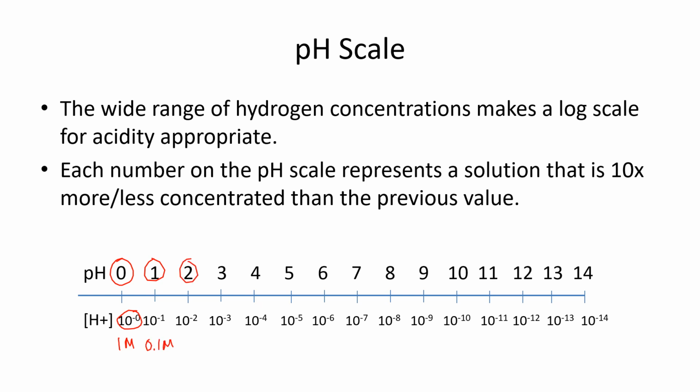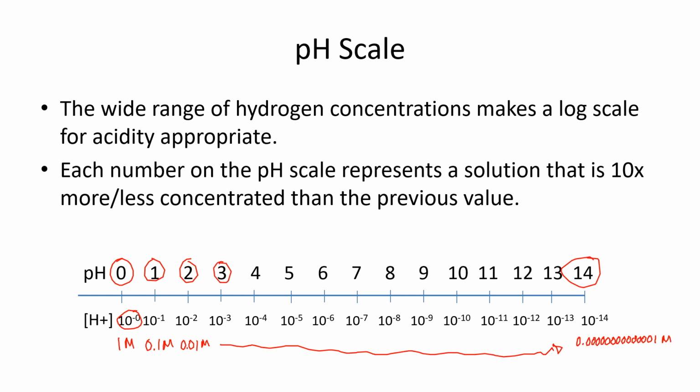A 2 on the scale is going to be 0.01 moles per liter, and so forth until you get way down to the end here, which is 14, which means it's going to be 0.1, 2, 3, 4, 5, 6, 7, 8, 9, 10, 11, 12, 13 zeros, and then a 1 moles per liter. And so you can see the extreme range of concentrations going from fairly concentrated down to very, very weak on this scale. That makes the logarithm scale a lot more useful.